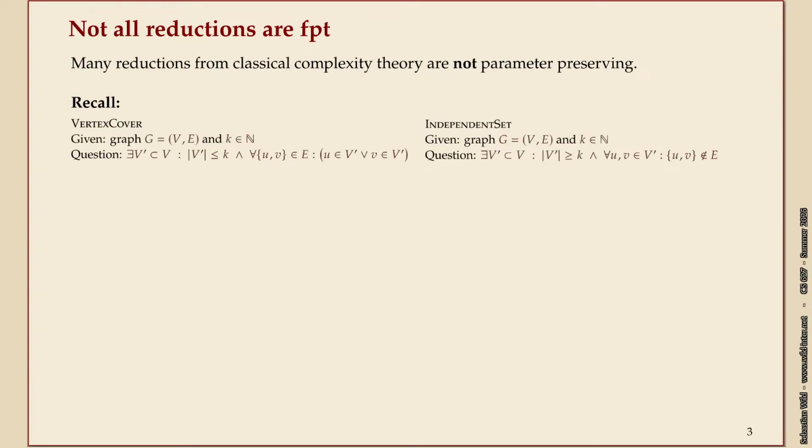Let's see some example. First of all, if you just take some classical reductions, they may not necessarily be parameter preserving. So as an example for this, let's look at the vertex cover problem and the independent set problem. Just to remind you, vertex cover, well, we talked about it a lot.